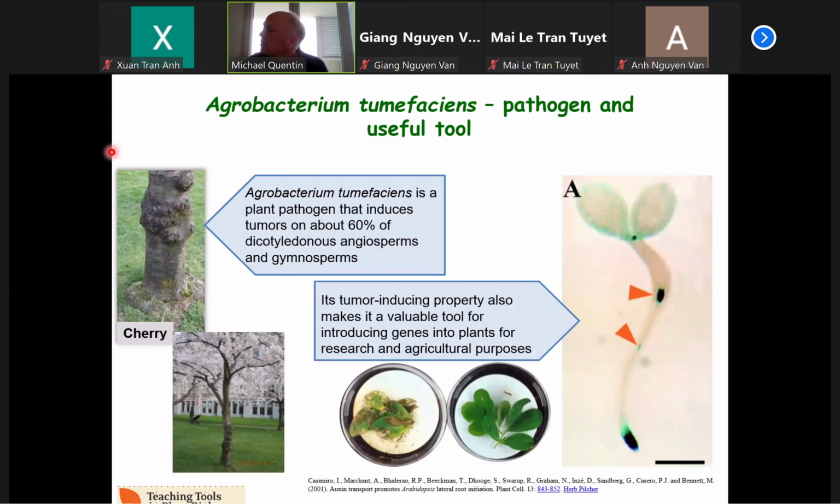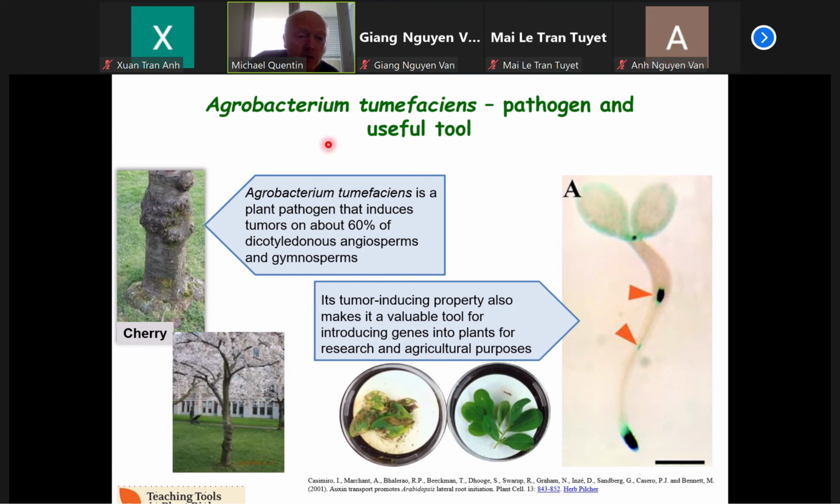So, Agrobacterium tumefaciens is a bacteria, okay, from the genus Agrobacterium. This bacteria is a plant pathogen. You have to understand that Agrobacterium tumefaciens is a plant pathogen. It's a pathogen which is responsible for a disease that is called the crown gall.